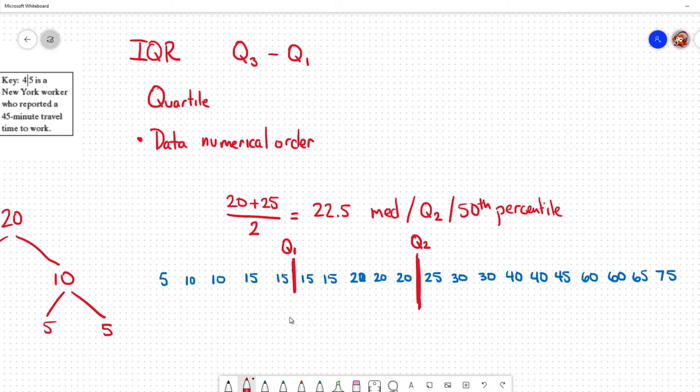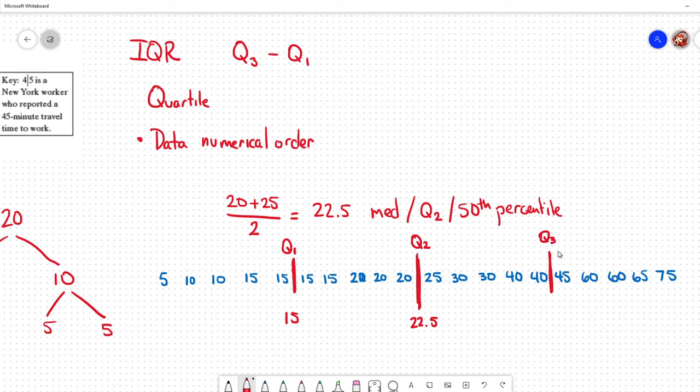So Q1 is actually 15. Q2 was 22.5. Now over here on this side, I go 1, 2, 3, 4, 5, and here's Q3.